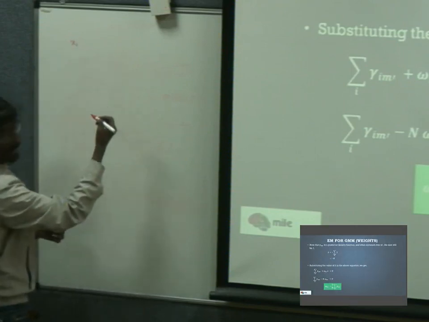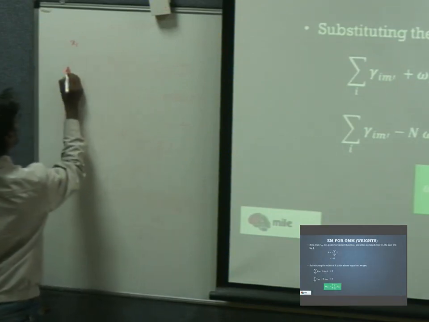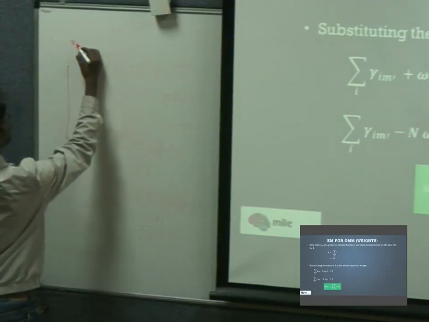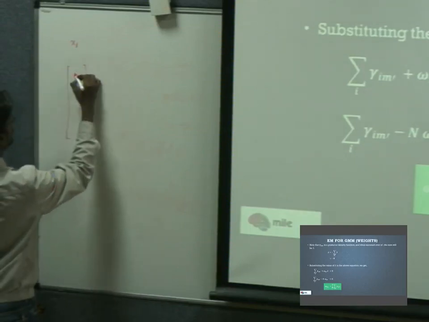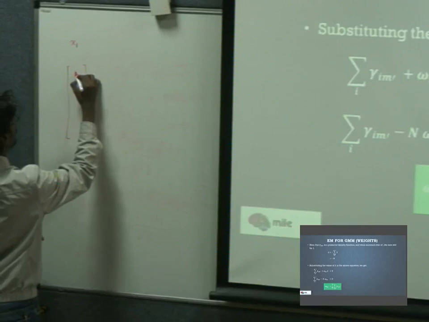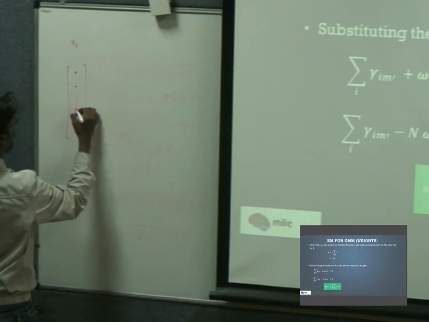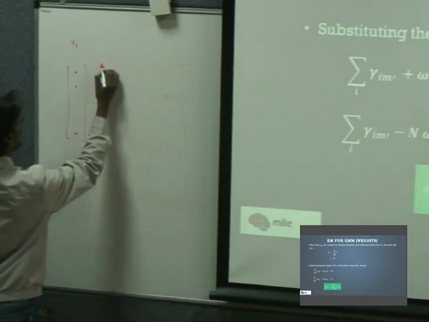You have a sample x1, and these posteriors are nothing but the probability that this vector comes from mixture 1, the probability that this vector comes from mixture 2, and so on.